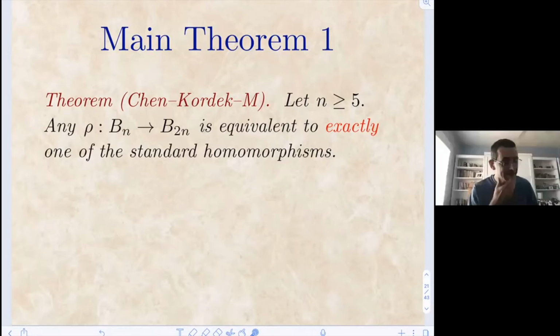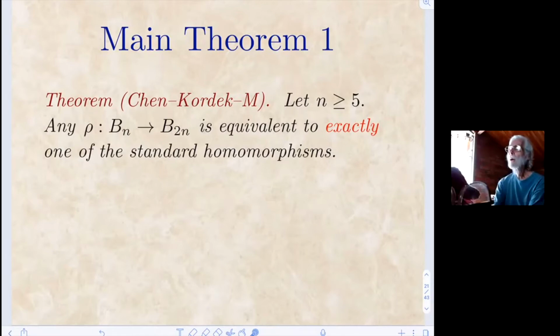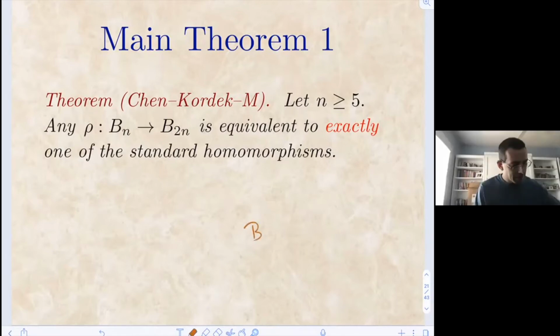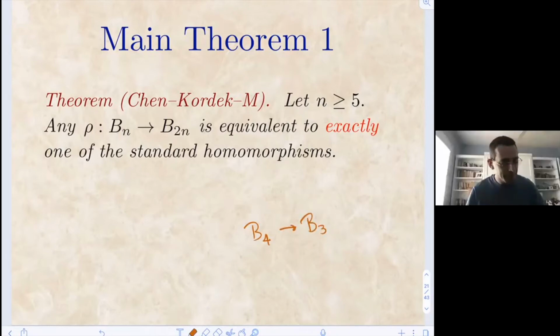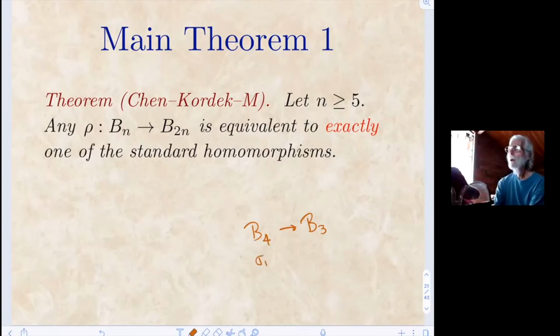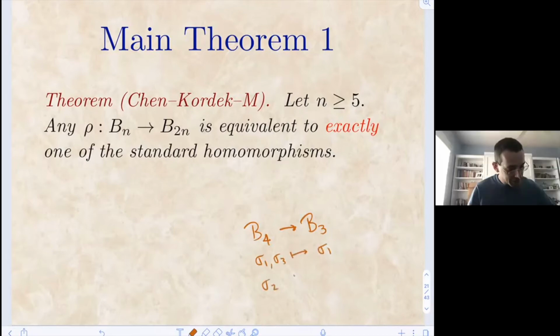Notice it's not true for n equals 4, because there's an exceptional homomorphism. This is the only time there's a surjective homomorphism from a braid group to a smaller braid group. You send sigma 1 and sigma 3 to sigma 1, and sigma 2 goes to sigma 2.